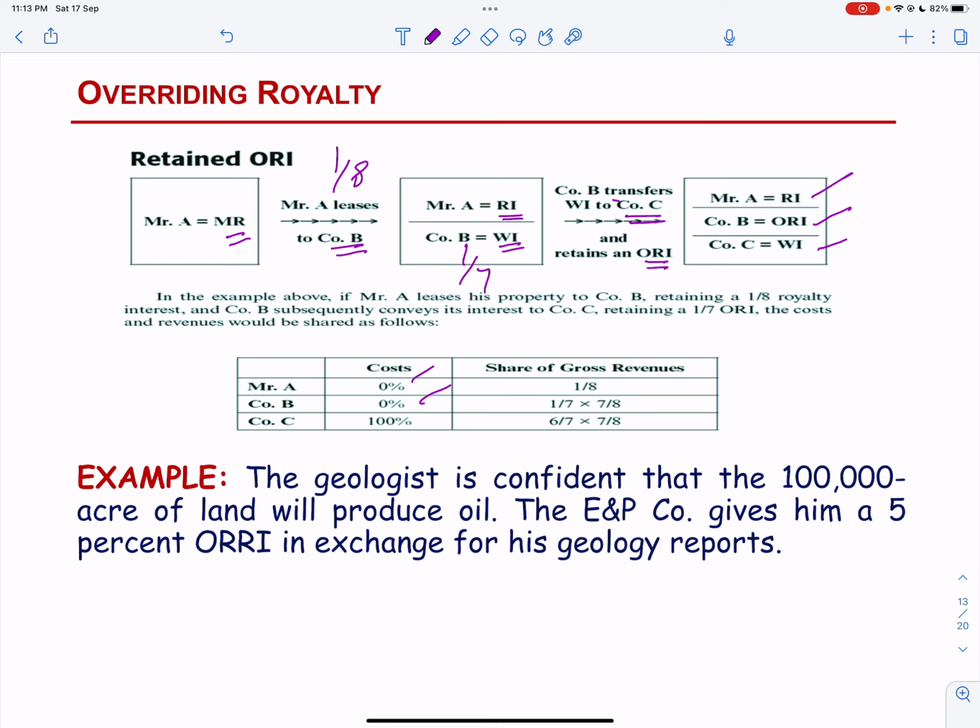A will be having a royalty interest of 1/8 of the total revenue, and company B is going to have 1/7 of the working interest, which is 7/8. So company B will be having 1/7 of 7/8, and company C is going to have 6/7 of 7/8.